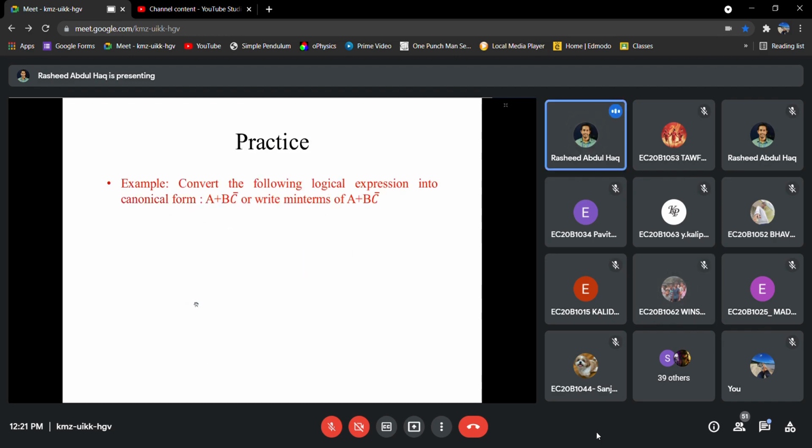So you can do this example right now. Convert the following logical expression into canonical form, that is A plus BC bar. This question can be asked in both forms, or you write them in terms of A, B, C bar. Please do this and convey the answer.